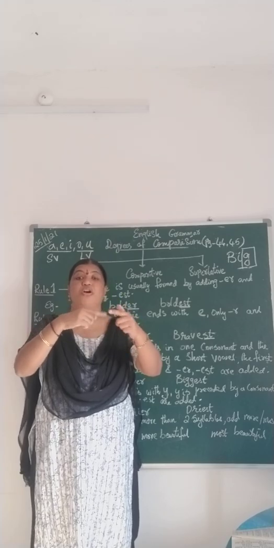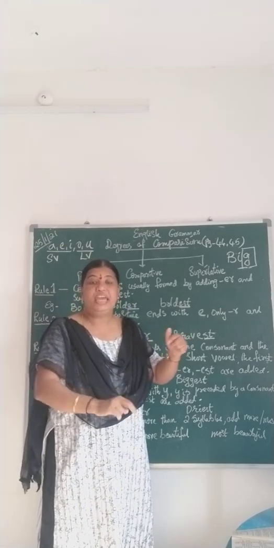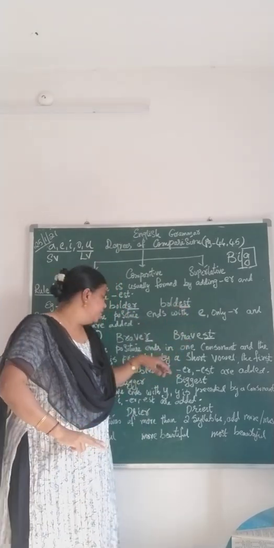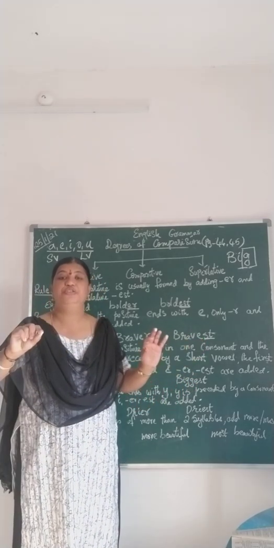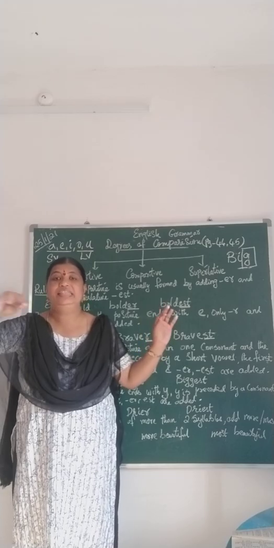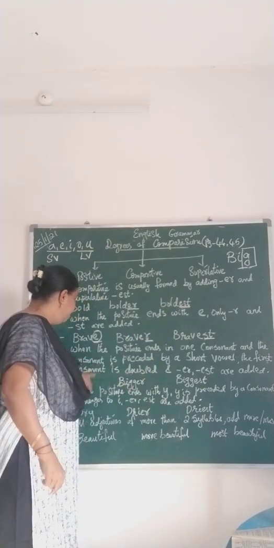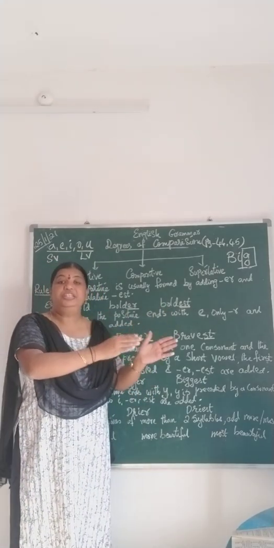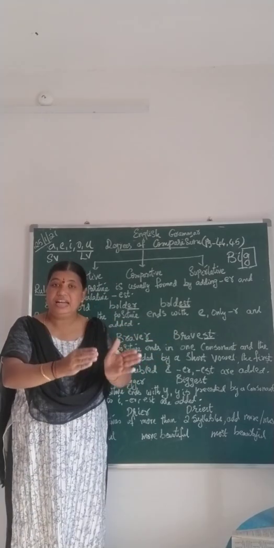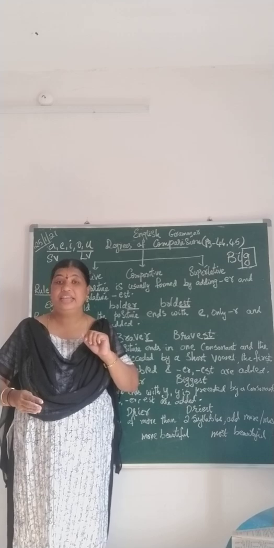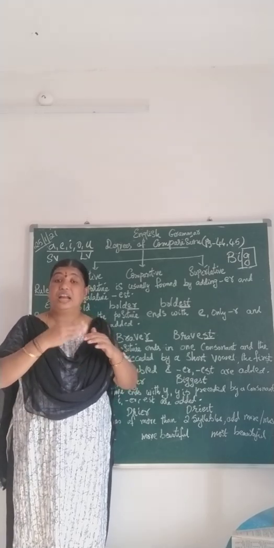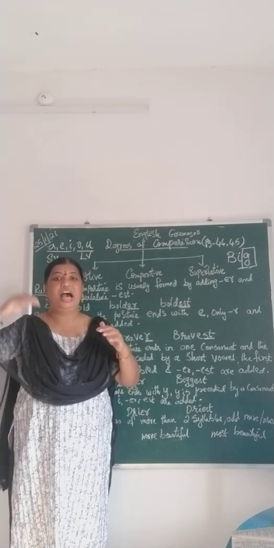You write the consonant 2 times and add ER in the comparative form and EST in the superlative form. So, big will change to bigger and biggest. Understood now, children?